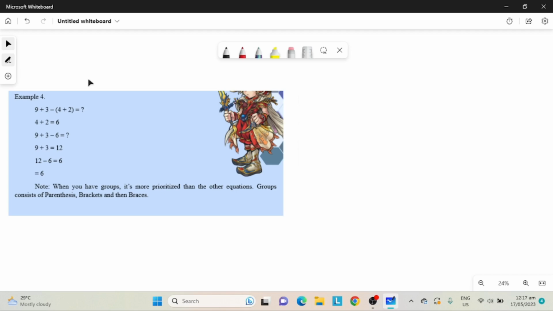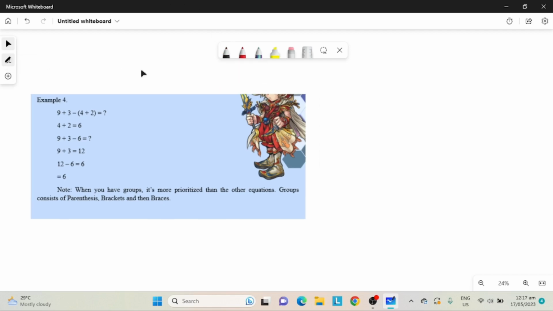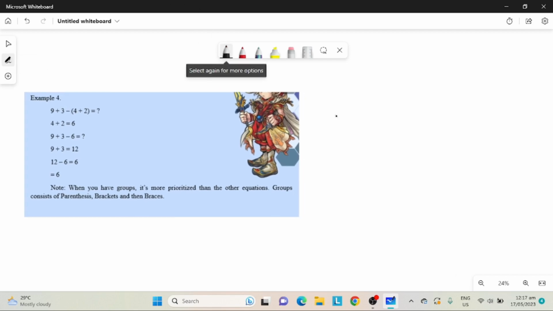You need to do the parentheses first. Whatever is inside the parentheses should be the first thing you solve. So copy the numbers inside the parentheses: 4 plus 2 is equal to 6. Then after that, copy the 9 plus 3, and then minus whatever is in the parentheses, 6.